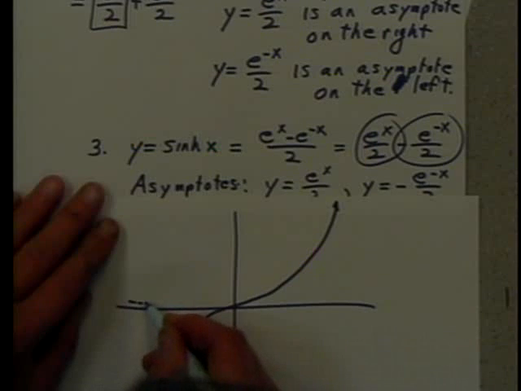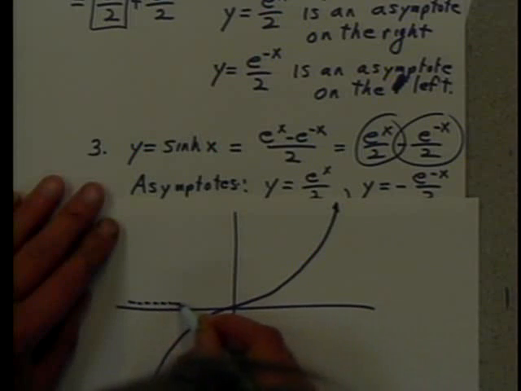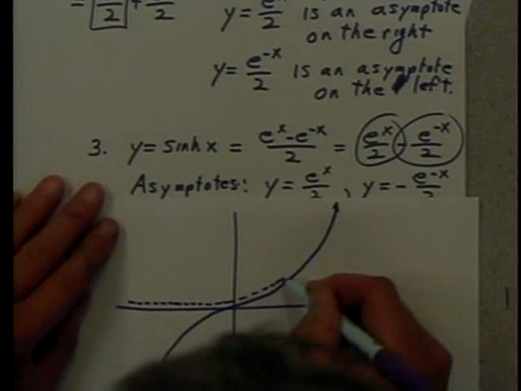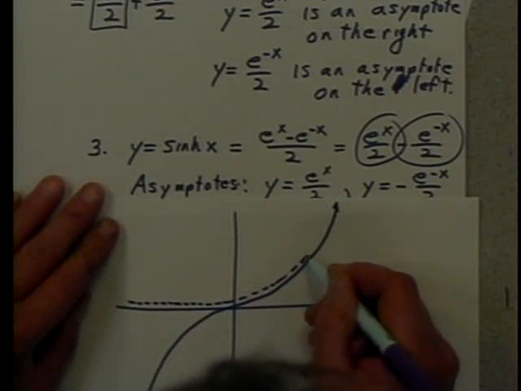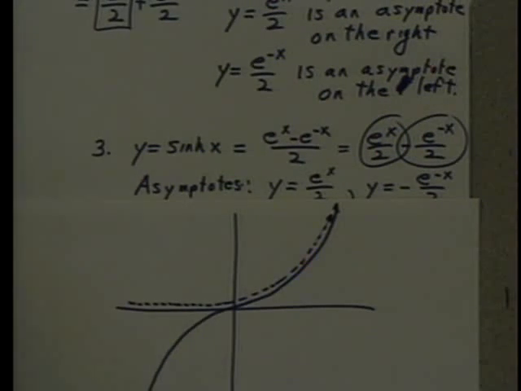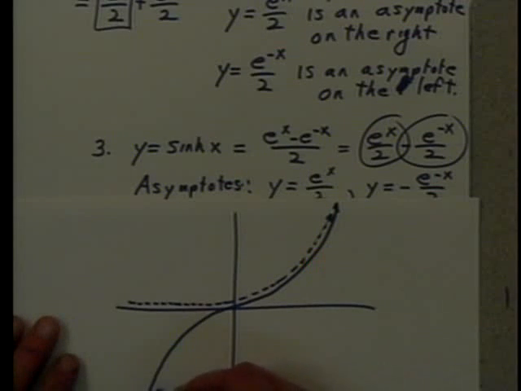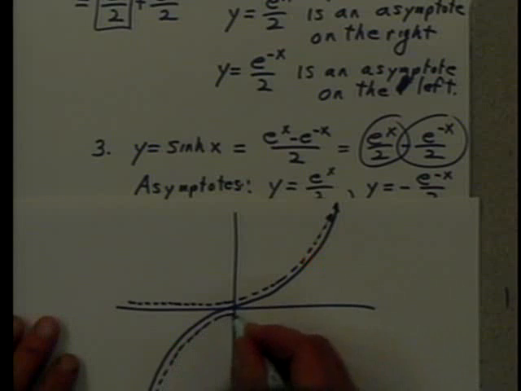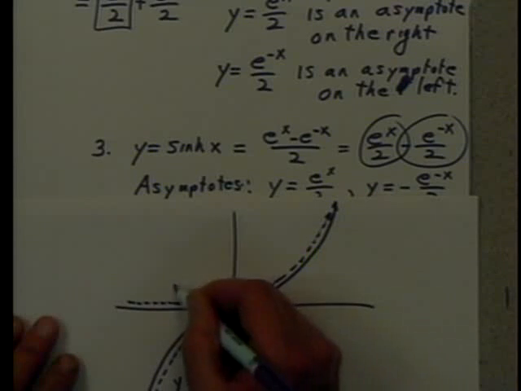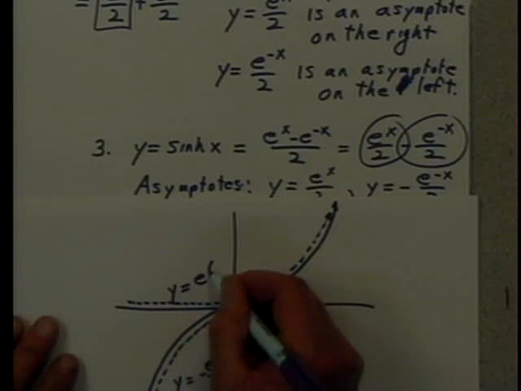This asymptote came along like this, and that was y equals 1/2 e to the x. The other asymptote came like this and went that way, and that was y equals minus e to the minus x over 2. This is y equals e to the x over 2.